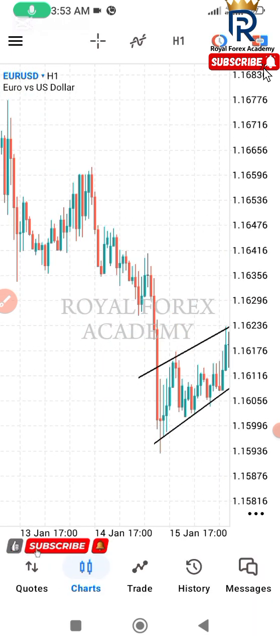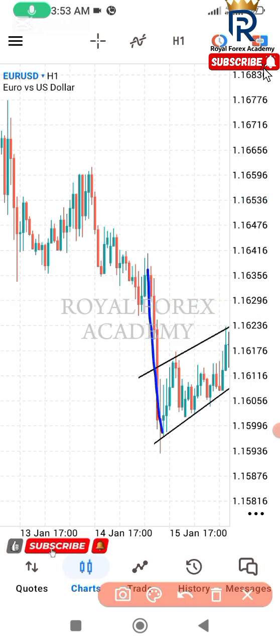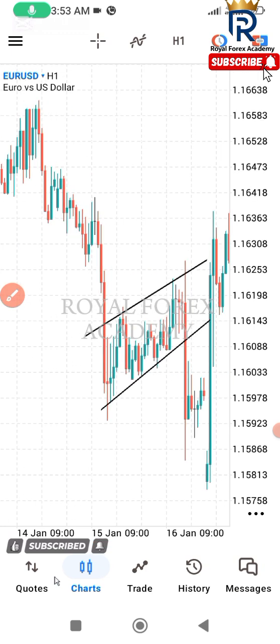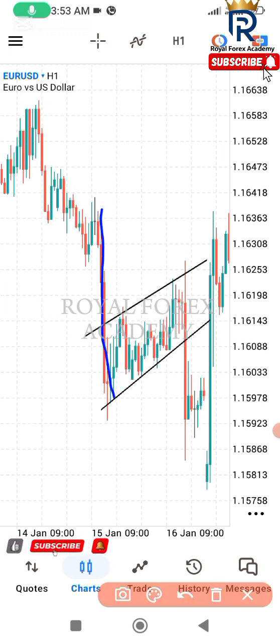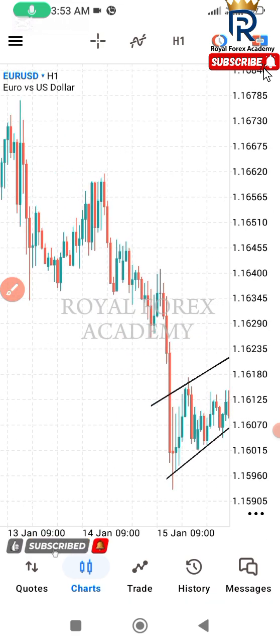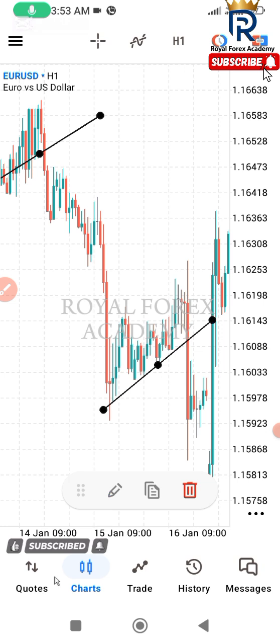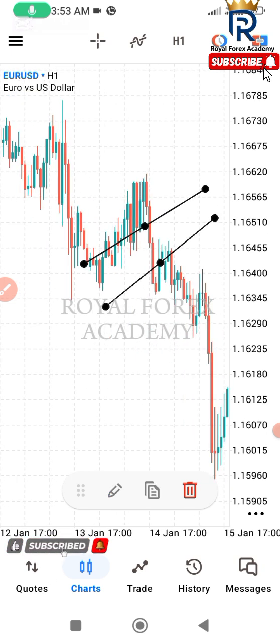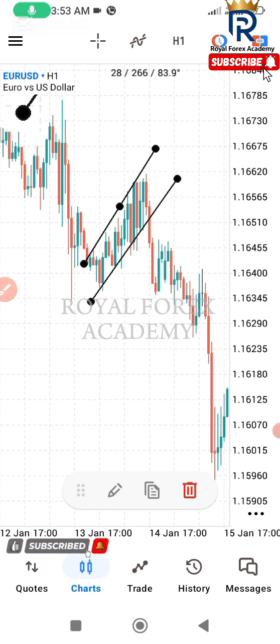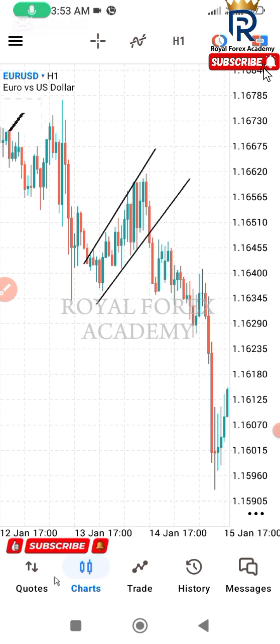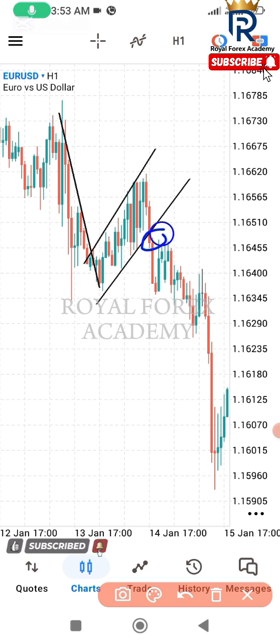Here, let's connect the pole. So do you see that? Beautifully well. And then price breaks out of it. You see that entry there. So we have another one here. Same pattern, same formation. Do you see that? Then we have this breakout.